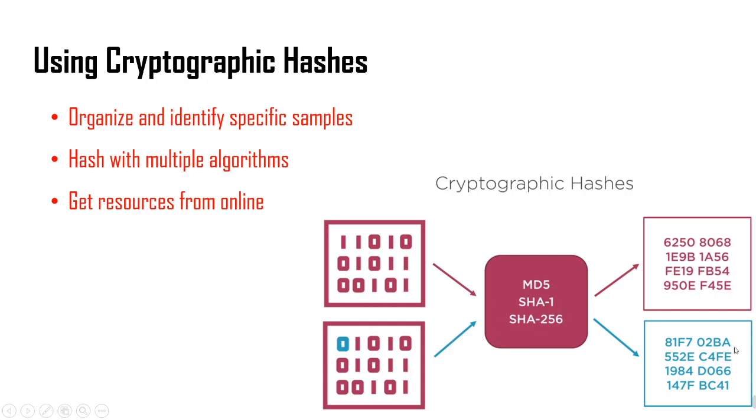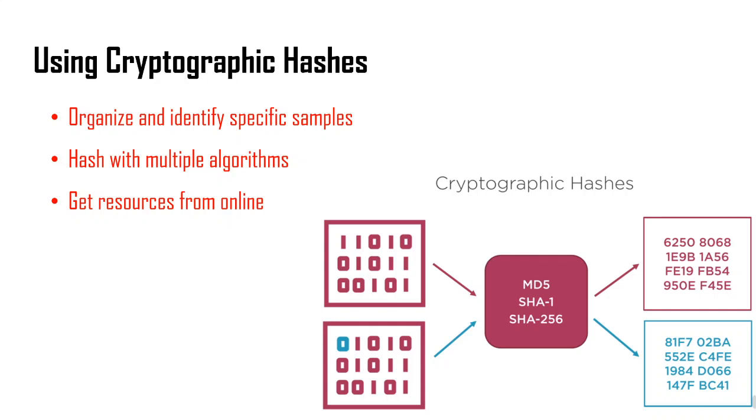I am getting a different hash, completely different from the previous hash generated. So if I change a single bit in any file and pass it through the algorithm, the signature will be completely different from the previous file. You may also hear this in the principles of security, under integrity.